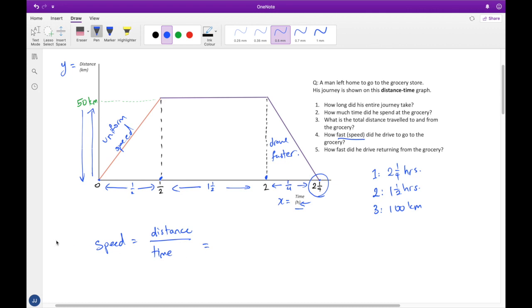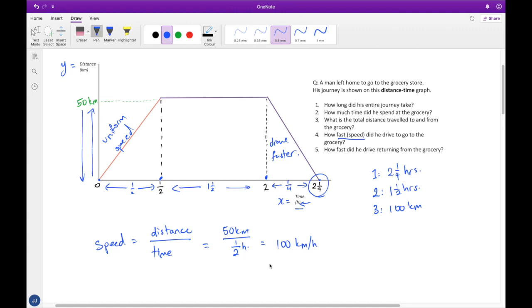In this case, the distance moved was 50 kilometers, and the time taken was half an hour. So 50 divided by a half gives us 100, and we use these units for speed: kilometers and hours, 100 kilometers per hour.